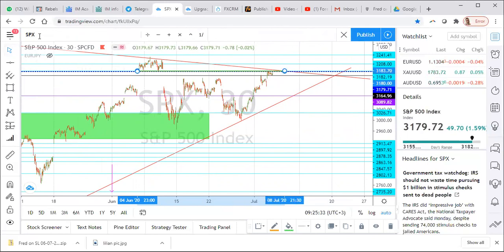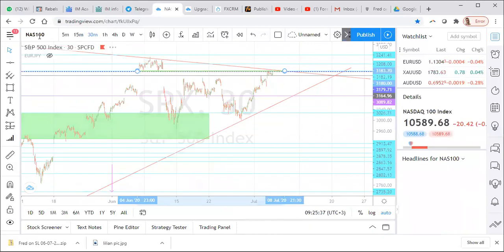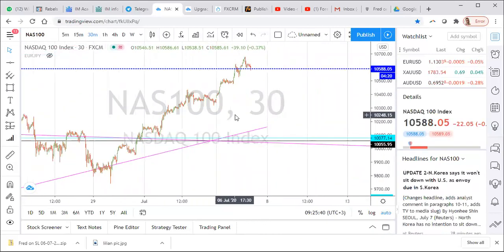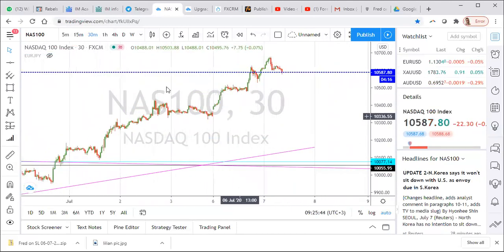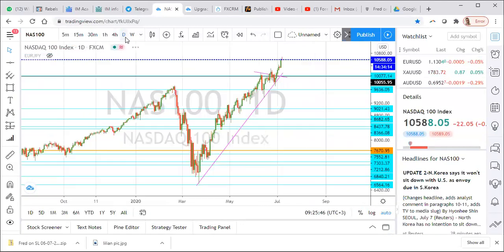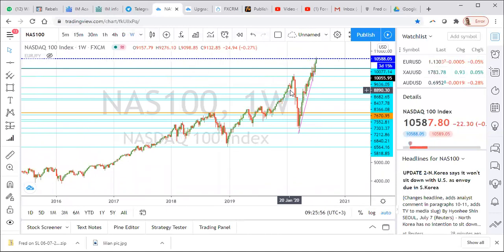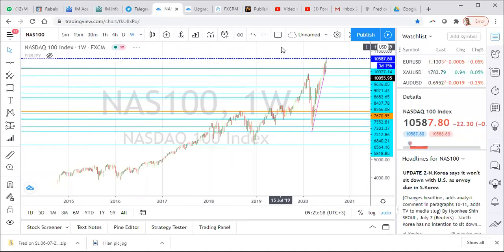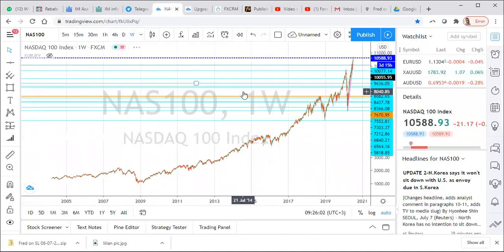But let's look at NAS. It's on like its highest of highs.